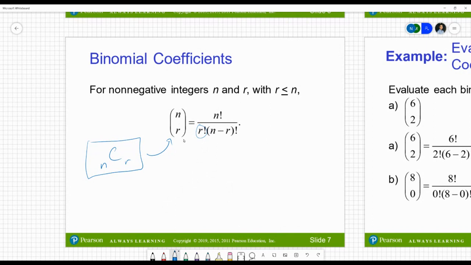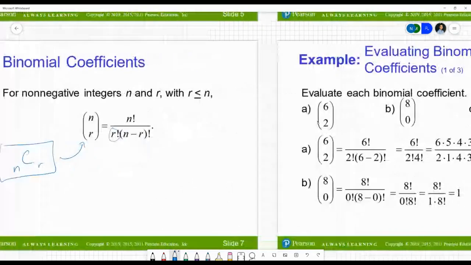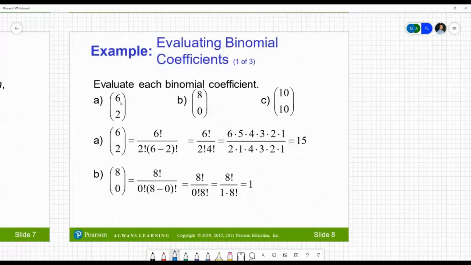Okay, so we already did this last time, so let's practice how to find it. So 6 choose 2: we have 6 factorial over 6 minus 2 factorial. I showed you before that you definitely don't want to expand all of it, because you can see here that we can cancel all of this. The shortcut I would show you is to expand until you can cancel with something in the denominator.